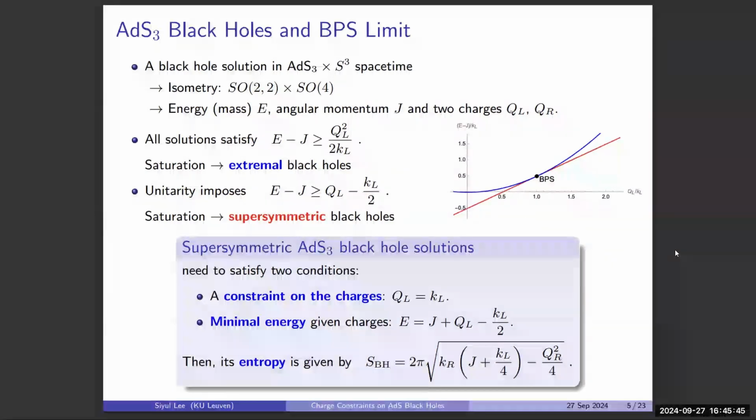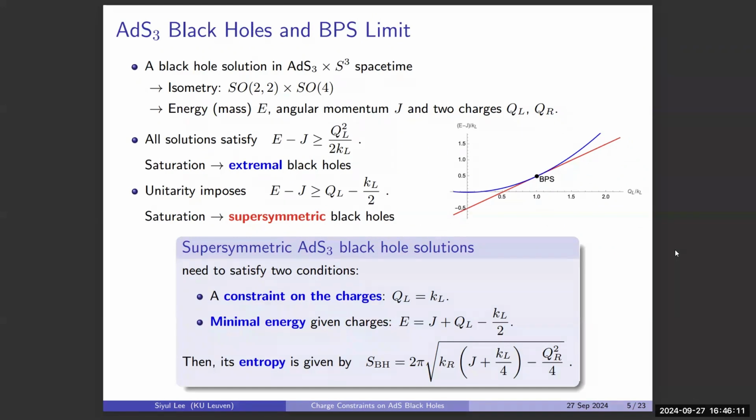So usually I thought that the charge constraint is that the mass is, roughly speaking, bigger than some charge. But the constraint on the charge seems not to be like that. Oh yes, maybe what I call charge constraint is different from what you had in mind. There is a lower bound on the energy given charges, but what I call charge constraint is not that.